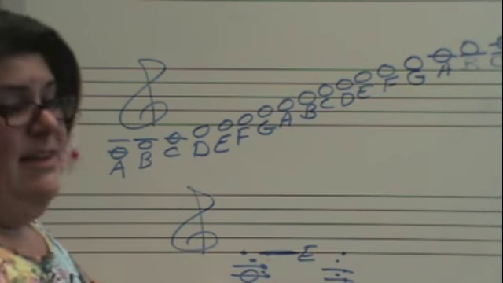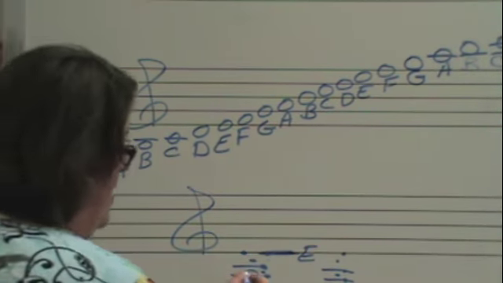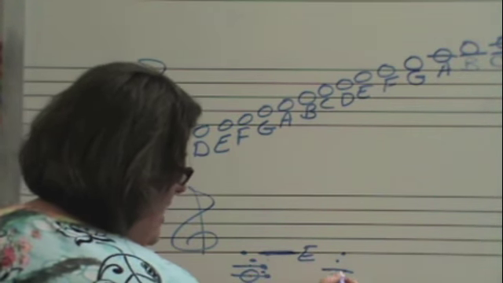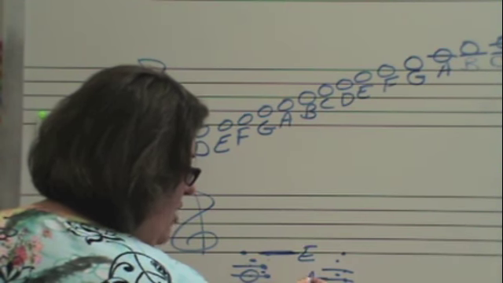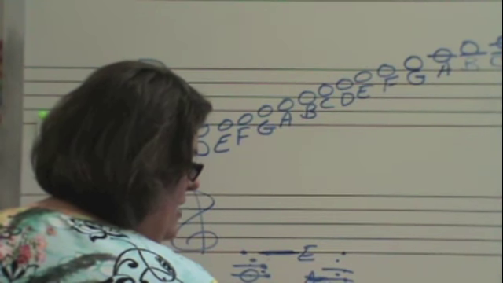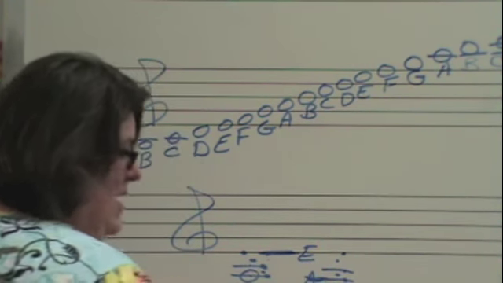Because I had A sitting here right next to it, I could go second line, and I could start right here and know that line was called A. A, G, F, E.